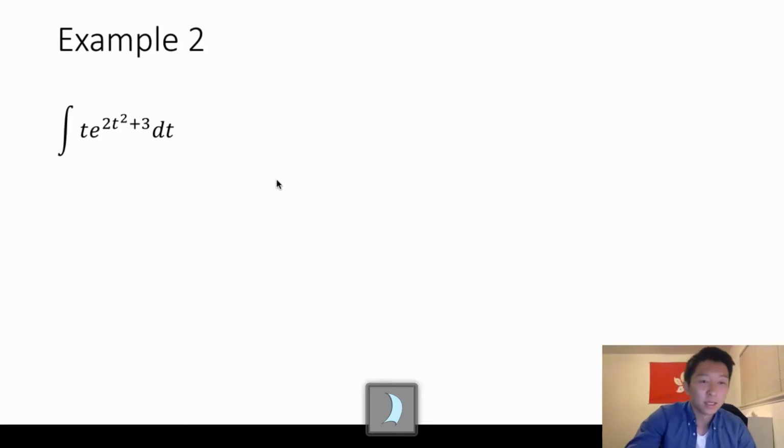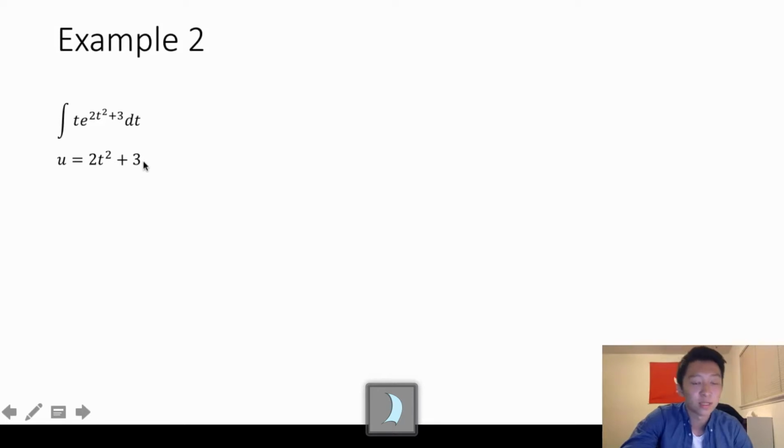But if you take a closer look, you can see that the exponent of e, Euler's number, is 2t squared plus 3, and the derivative of that is actually 4t. And since t is already part of your integral here, you should set u to be 2t squared plus 3, because you can cancel out the t afterwards, and we'll see that in action later on.